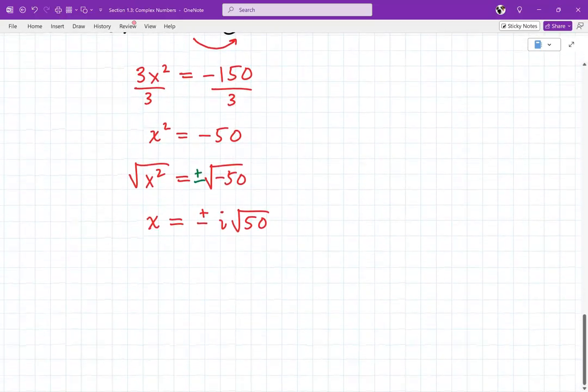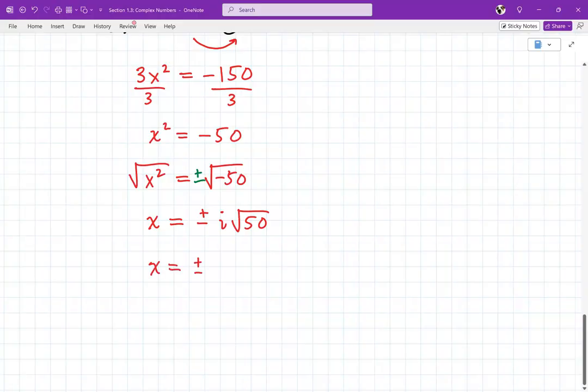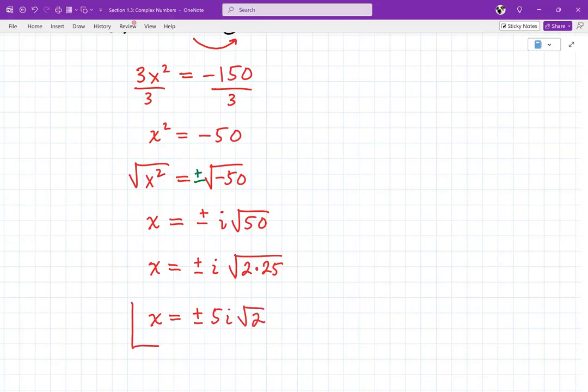We broke down 50 into 2 times 25. And we found out that 2 doesn't have a nice square root, but 25 does, right? What's the square root of 25 again? 5, right? So I'm going to bring the 5 out. x is equal to plus or minus 5i square root of 2.